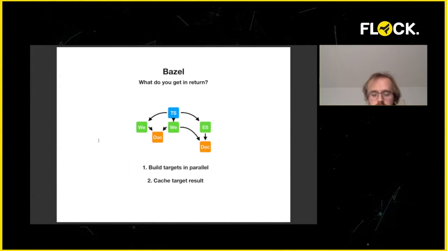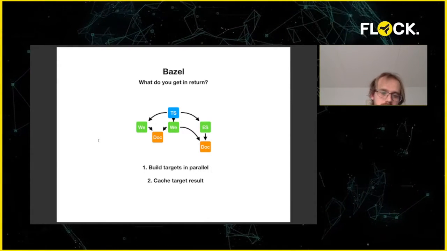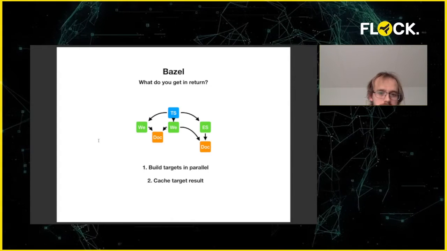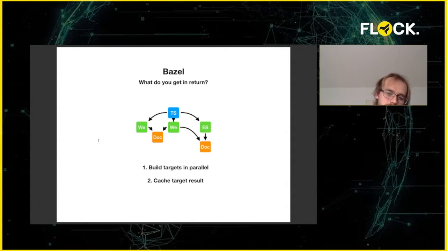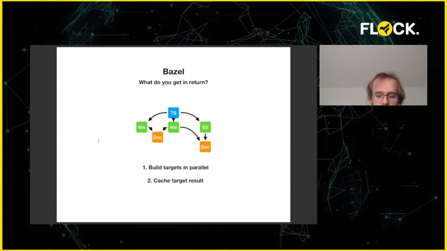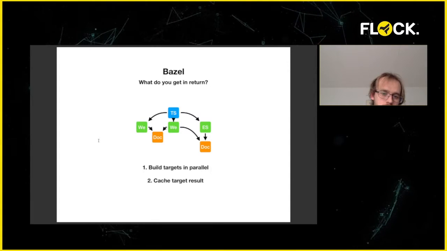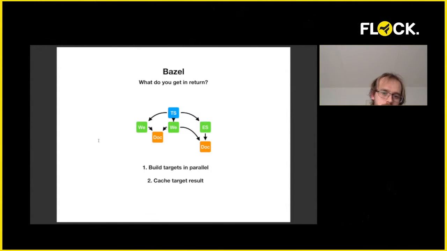If we find a result, we don't have to perform a Webpack build, we don't have to perform a TypeScript build, we don't have to invoke Docker or something. We can just go to the cache and get the resulting files straight away. This will make sure that we never compile the same code twice. We never test the same code twice on CI.